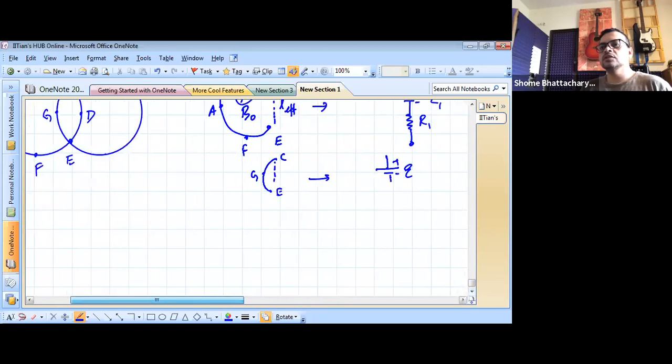Oh, sorry, it's moving in the opposite direction, so the polarity of the battery will be reversed.